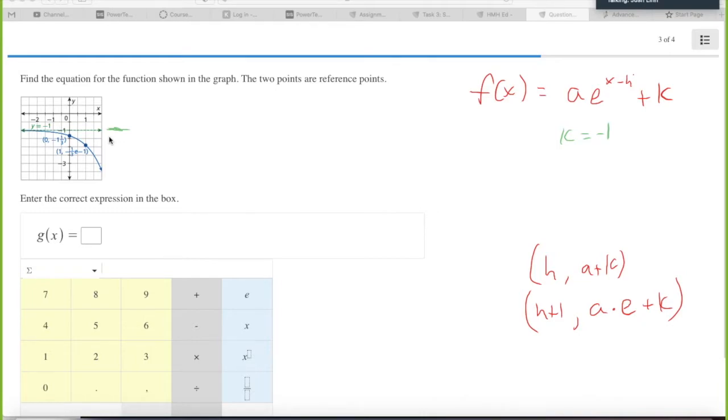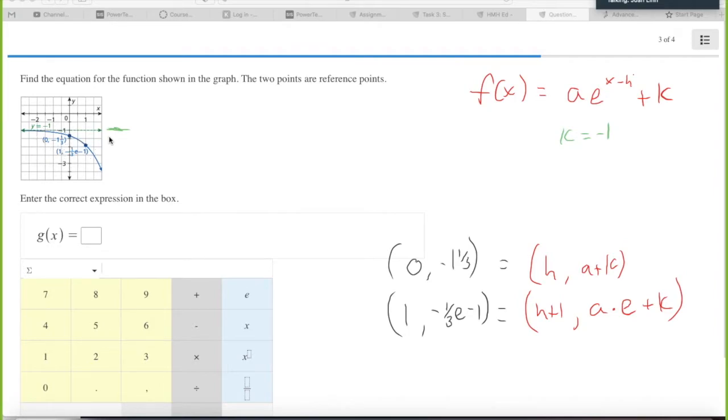Done with that part. So then we've got our first reference point, which is this guy right here. So that's 0, -1 1/3. While I'm at it, I'll just add the second reference point down here. 1, -1/3 e minus 1. I got that from right there.